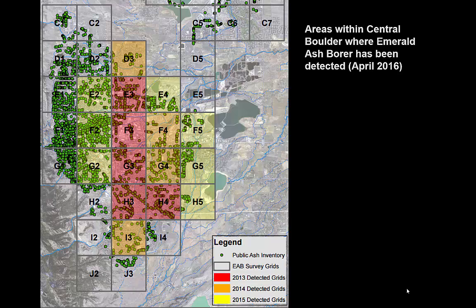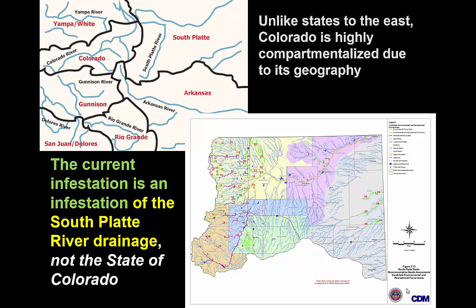The green dots in this picture are ash that are part of the city property. So it has steadily extended its known range within Boulder at this point in time. And this is where it was first introduced in the state.